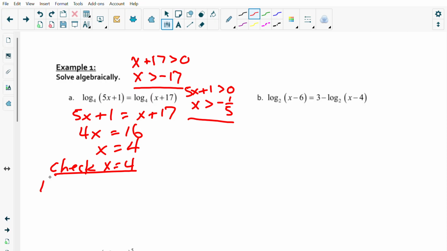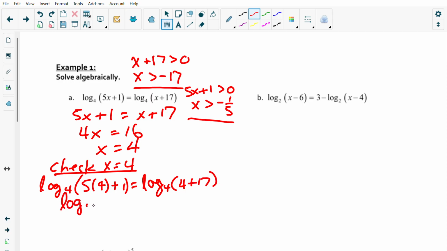Let's algebraically check it. Log base 4 of 5 times 4 plus 1 equals log base 4 of 4 plus 17. Log base 4 of 21 equals log base 4 of 21. Left side equals right side. That's a check.